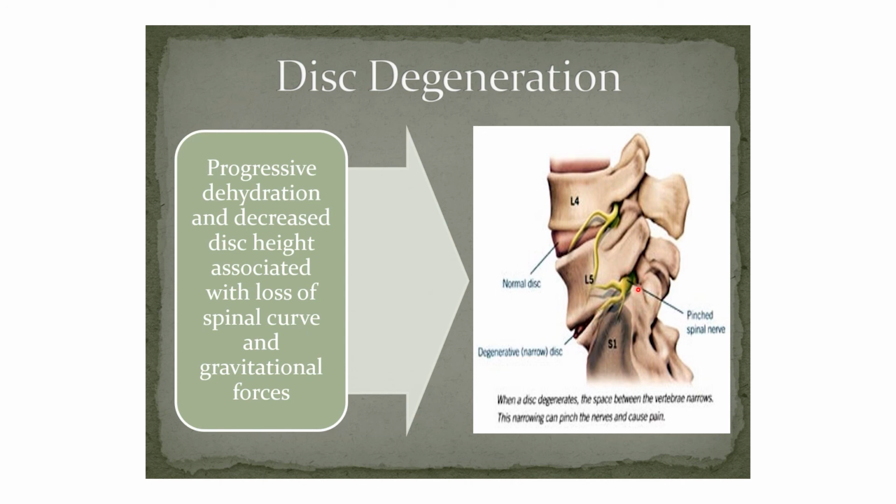So this person is getting a change in the opening, and now we're putting pressure on the nerve itself. This scenario is much more common in the older folks than the disc herniation, and it will often happen at multiple levels. Now, the disc degeneration, I want you to understand, also almost always accompanies the degeneration of the joint itself, and we're going to touch on that here in a second.